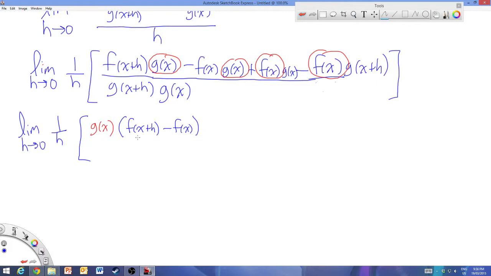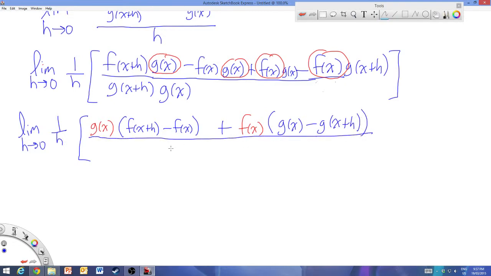And then we're going to have a plus. We've pulled out an f of x here, so plus f of x, and inside we're left with g of x minus g of x plus h. And this is all over g of x plus h times g of x.